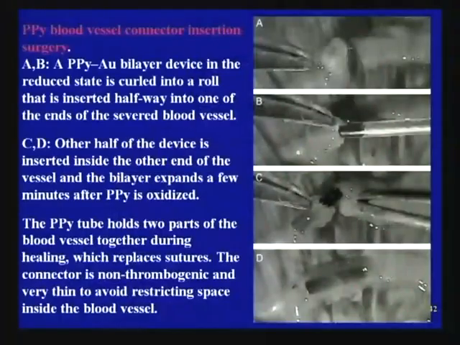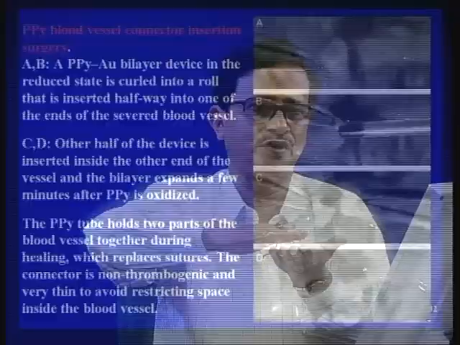It is easy to think, easy to discuss everything, but how difficult it is to get a success in this surgery. Now, what have they developed? They have developed a connector made of conducting polymer. They made a polypyrrole gold bilayer device, polypyrrole over which gold film is there.